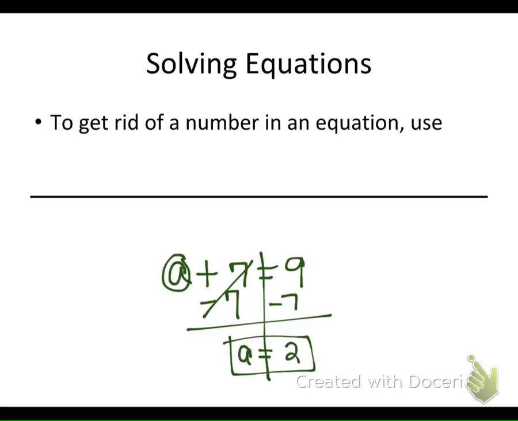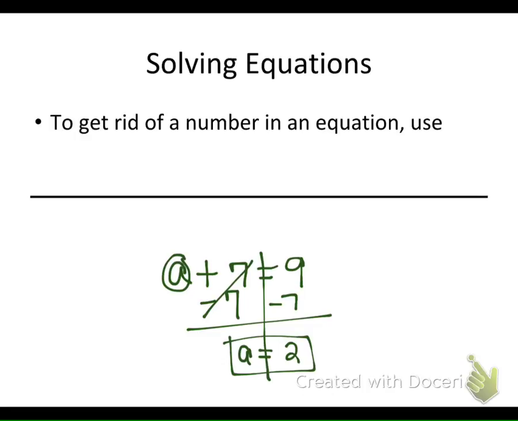But when Danielle said we're going to get rid of the plus 7 by subtracting 7, we're doing the opposite of whatever operation it's telling us. The opposite of addition is subtraction. The opposite of subtraction is addition. The opposite of multiplication will be division.